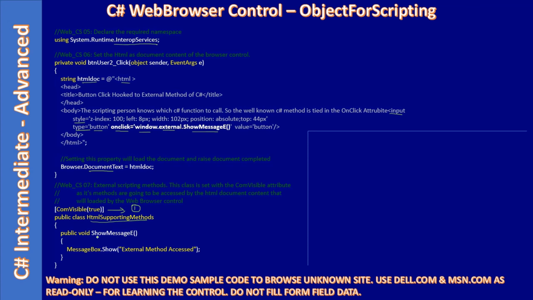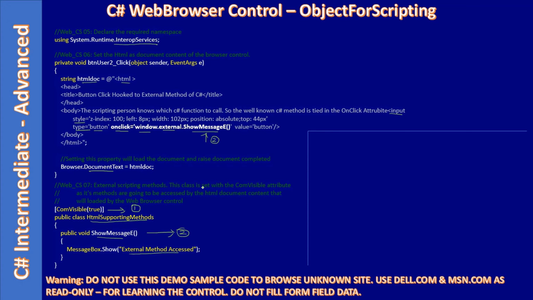Inside this we defined only one method, ShowMessageE, and that method shows a message box, external method accessed. This is the method which is referred to by the HTML document here.